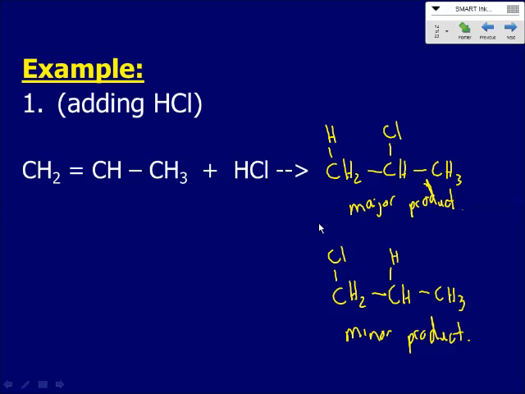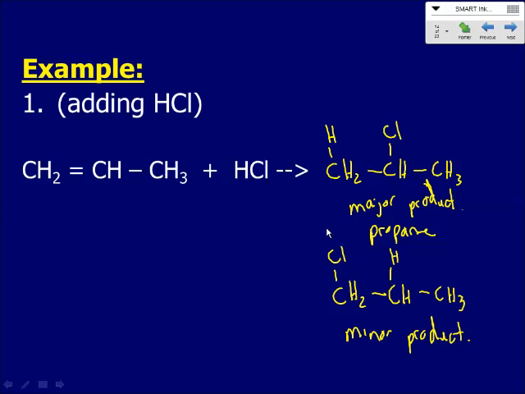Let's name the major product. What's the main chain in this guy? Again, you got to think of this as being a CH3. So what is this guy? Propane. Propane. And where's my branch? What carbon is it on?